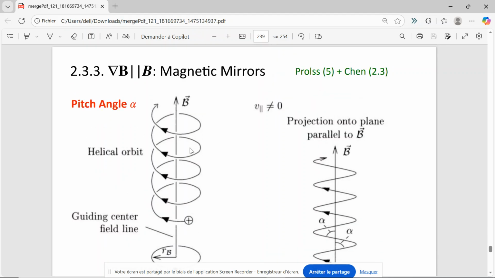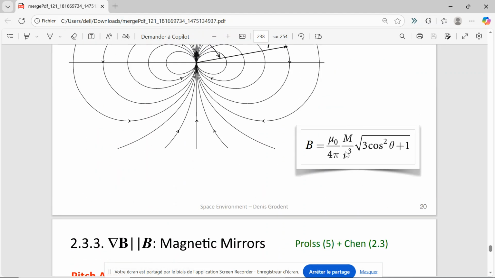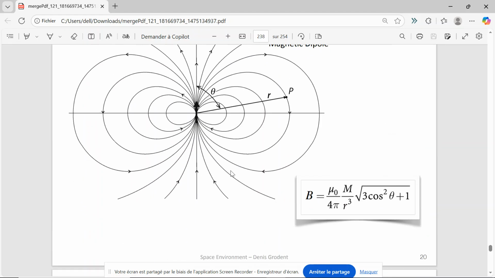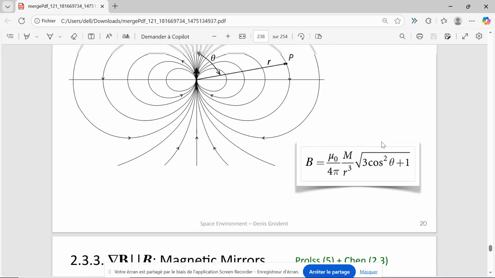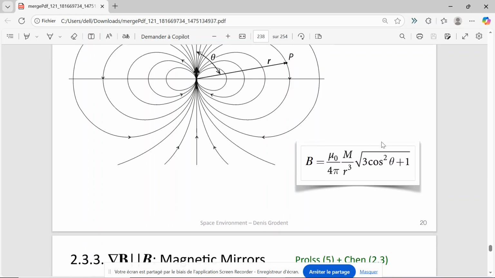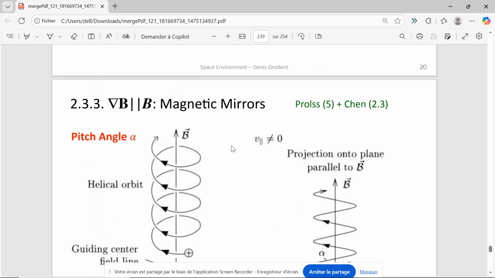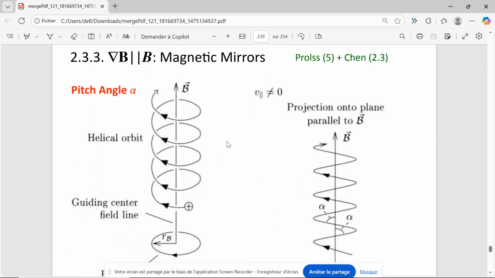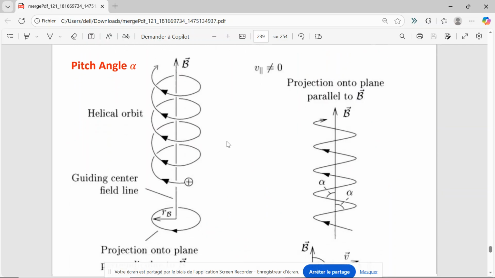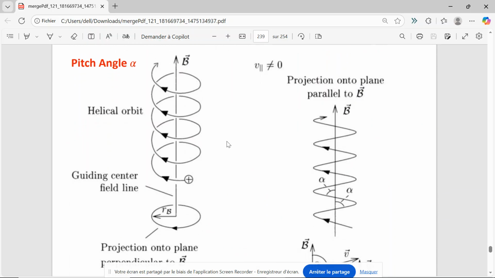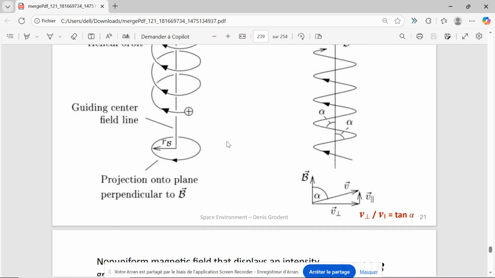So that's exactly what's happening here. We have a magnetic field that is proportional to 1 over r cubed. The closer we are to the Earth, the stronger the magnetic field is. So the magnetic field gradient will create what we call the magnetic mirror point, because this gradient will induce a force in the direction opposite to the magnetic field, and it will slow down those particles.